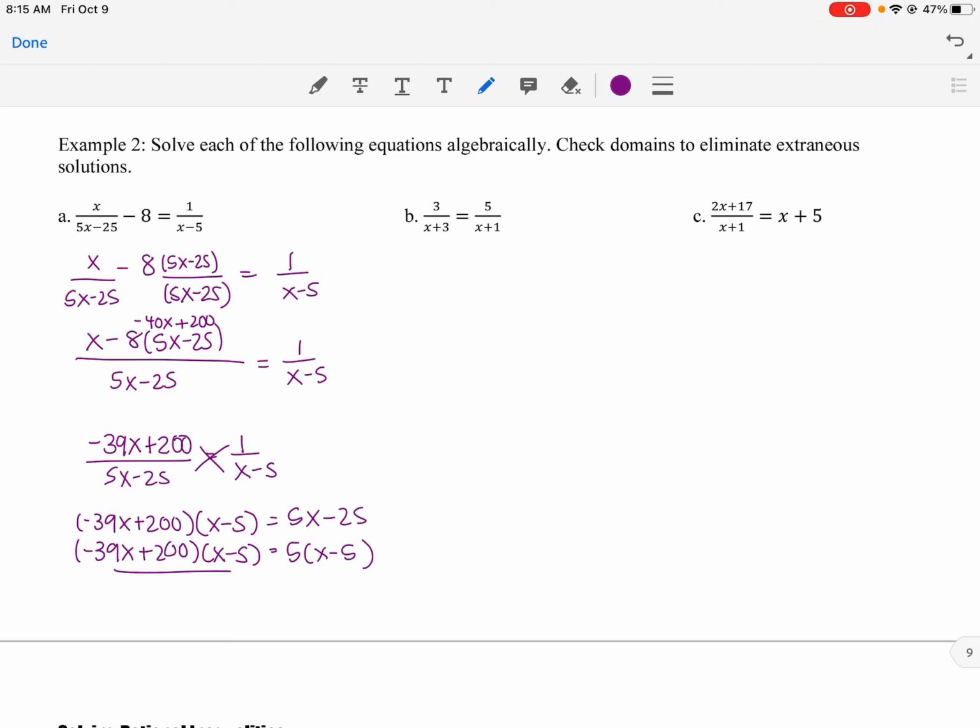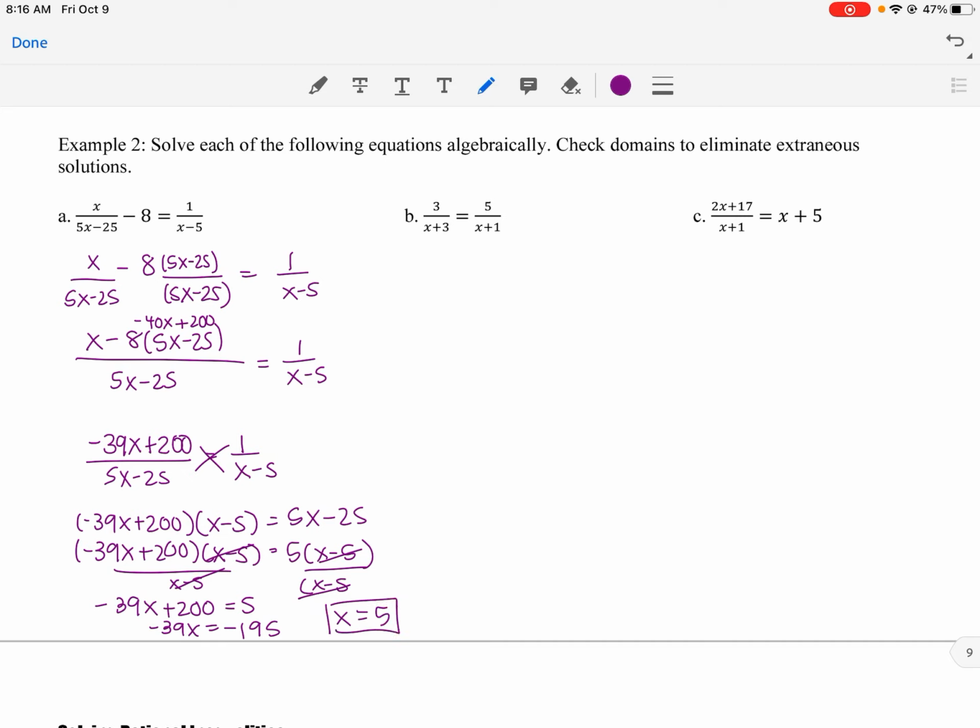So notice here, if I divide by the x minus 5, you would actually have a factor that cancels, and then I'm left with negative 39x plus 200 just equals 5. So negative 39x equals negative 195. As you divide both sides by the negative 39, we end up with x equals 5.